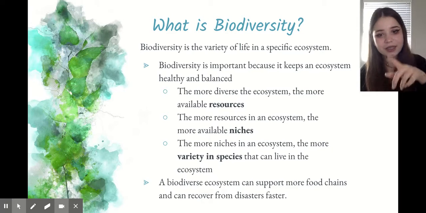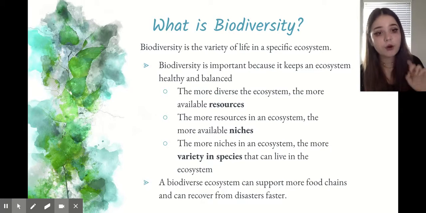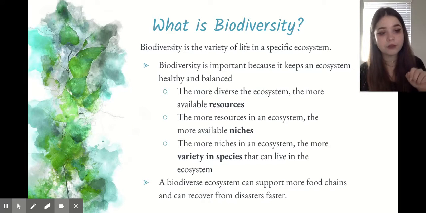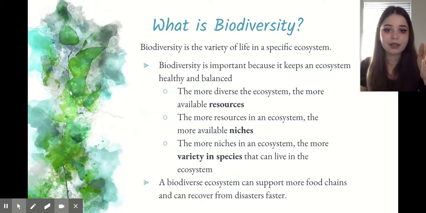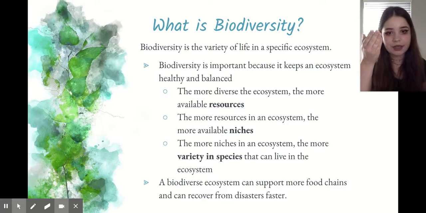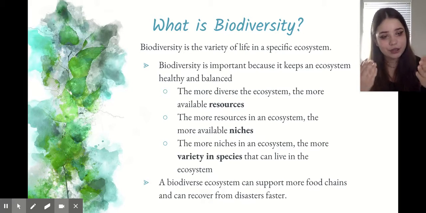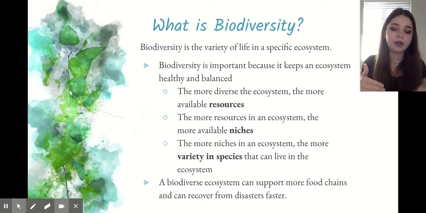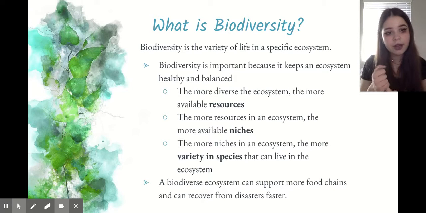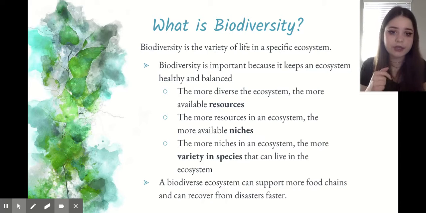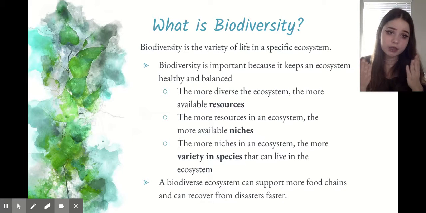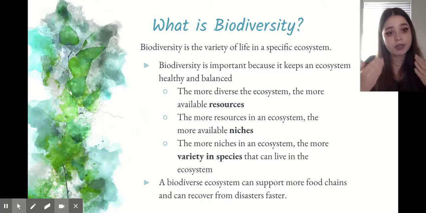So there's like this little sequence going on here. The more diverse the ecosystem, the more available resources, right? The more available resources in an ecosystem, the more available niches. There can be a lot more unique niches because these niches are dependent on the types of species in an environment and the resources. And so if there's more niches in an ecosystem, more species can inhabit that ecosystem, so you have more variety.